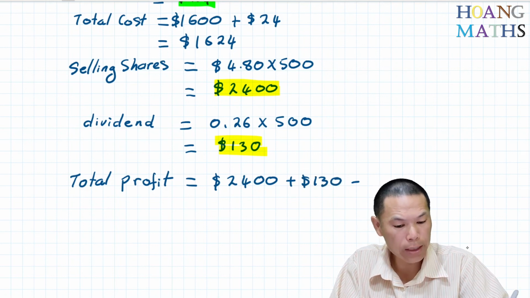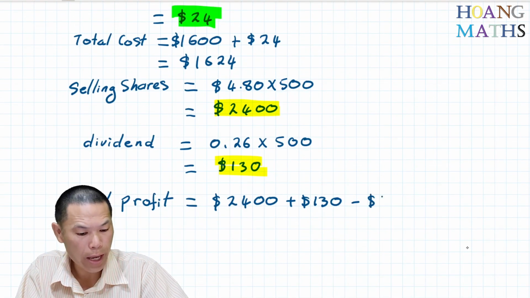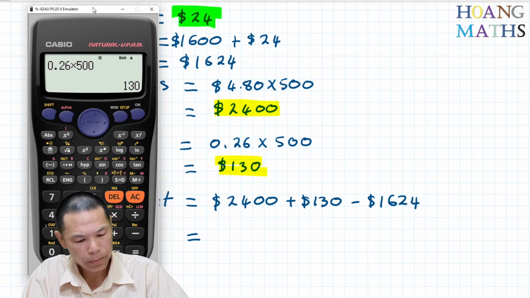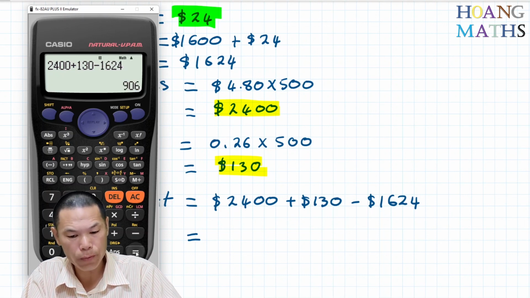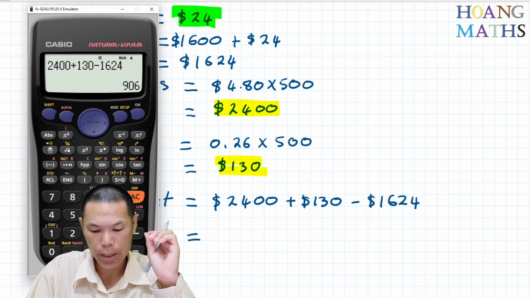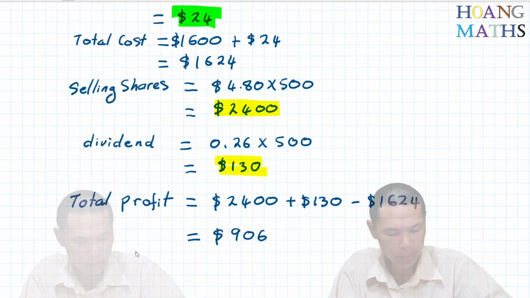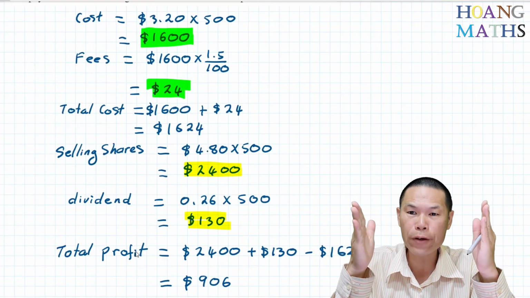Then we minus the cost, and the total cost is $1,624. So I just go 2,400 plus 130 minus 1,624. So there you go, $906.